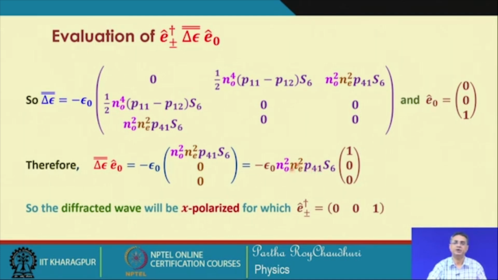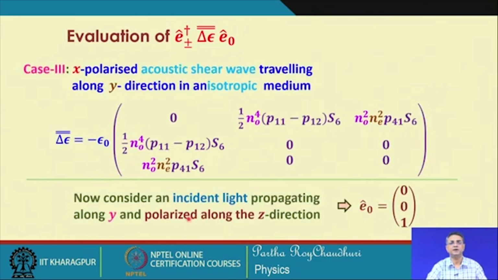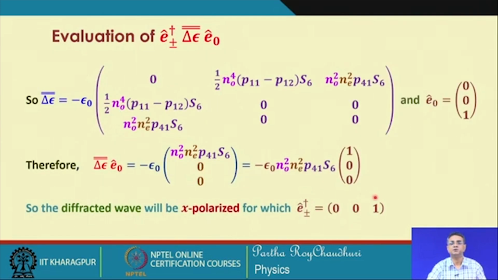This quantity being scalar tells you that the diffracted wave will be x polarized. That is very interesting: an incident beam propagating along y and z polarized gives you a diffracted beam which is x polarized. So, there is a coupling from z polarized to x polarized.